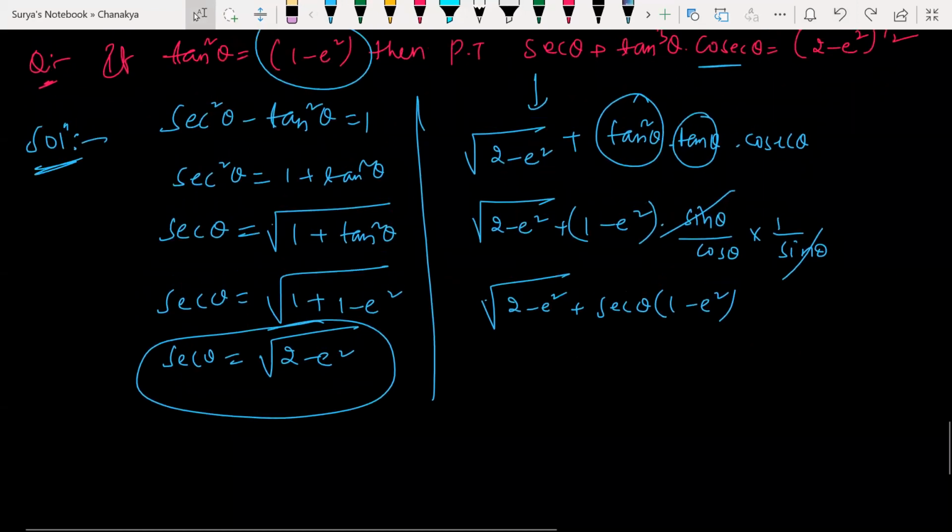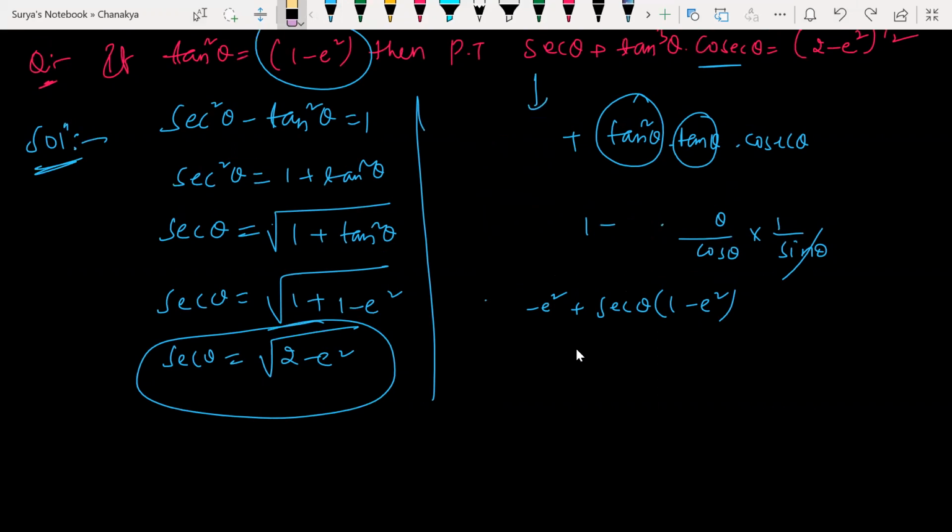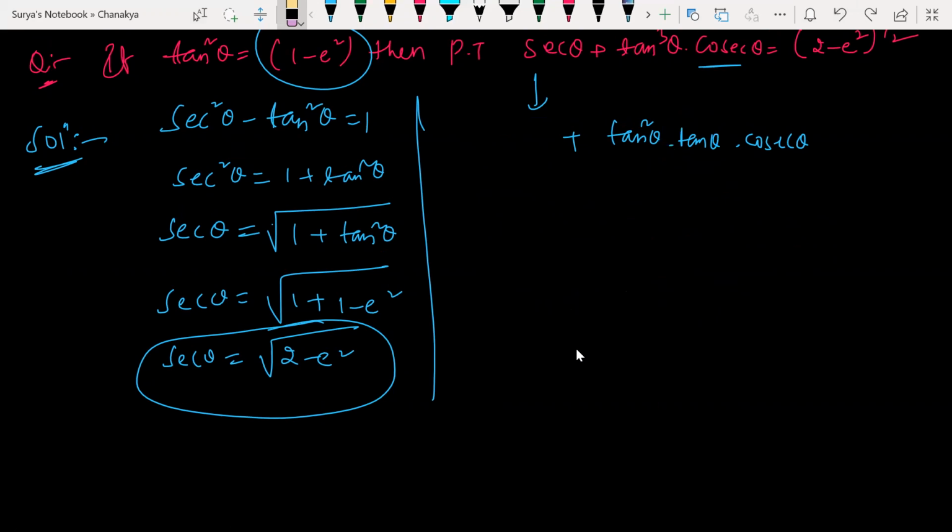Or else, can you do one thing here? Instead of substituting, we'll solve it in the trigonometrical way. Instead of doing all this, first let us solve the trigonometric function.